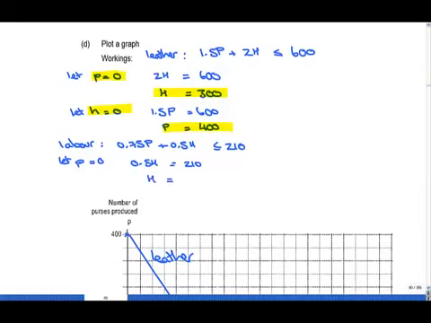We would therefore be able to make 420 handbags. So there's one of our points for this line. If we don't make any handbags, we could make 280 purses. So that's the other point for our line here.